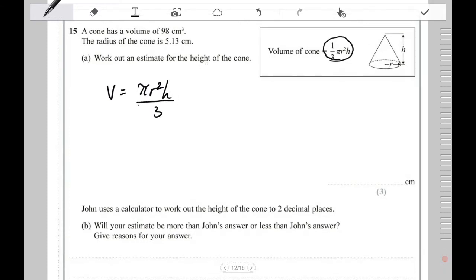And they want an estimate for the height of the cone, so I'm going to rearrange this formula to make h the subject. If I multiply both sides by 3, I get 3V, and that equals pi r squared h.